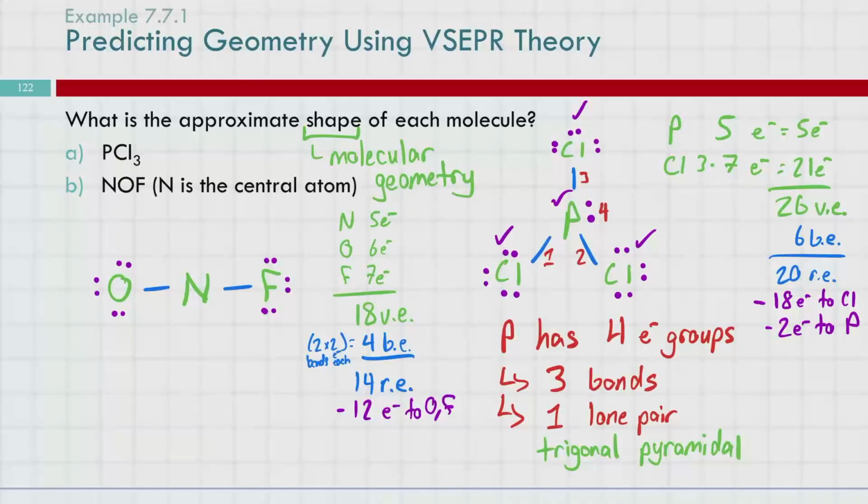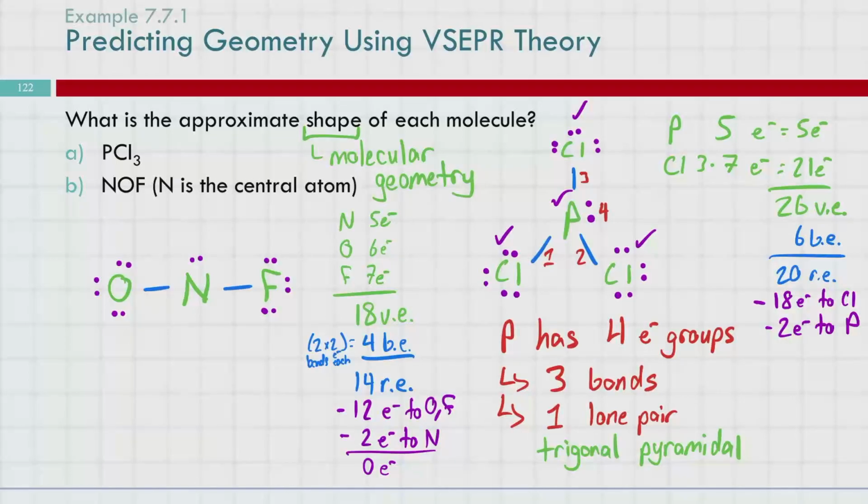So that's 12 electrons to our oxygen and our fluorine, which means we've got 2 left to place, and those 2 left will go to the nitrogen. And then all of our pieces are on the board.